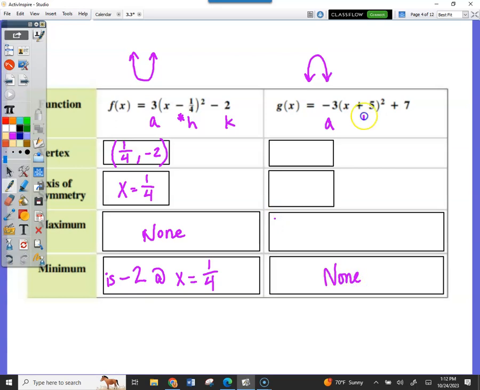And then we have H, K, don't forget, sign change on H. So what's the vertex? What's the axis of symmetry equation? X equals -5. Tell me the max. 7 at -5.